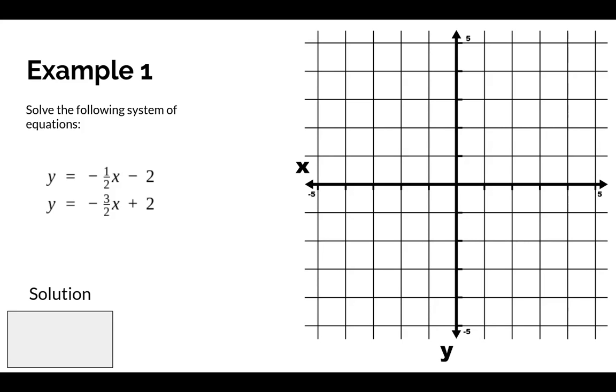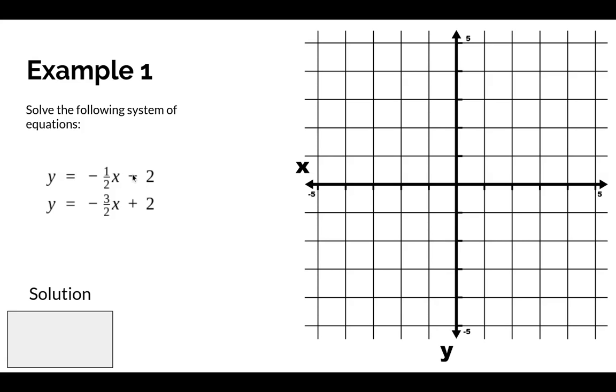One of the things I wanted to address from last week's lesson is that we want to leave our slope, for the most part, as a fraction. We do not want to turn it into a mixed number, and we really don't want to put it into a decimal, because that fraction is helping us identify how many units we are moving to find the next point. So let's start by graphing the first equation, y equals negative 1 half x minus 2.